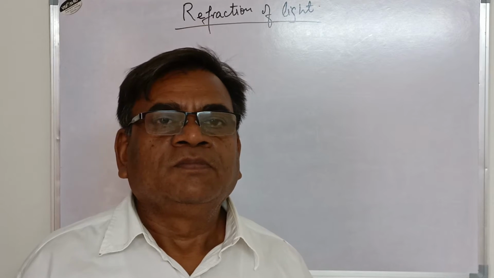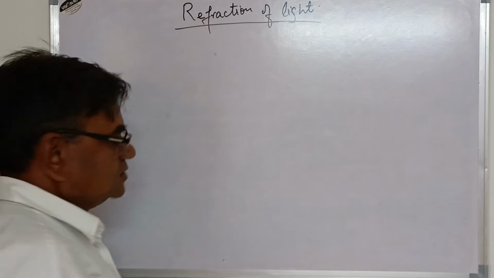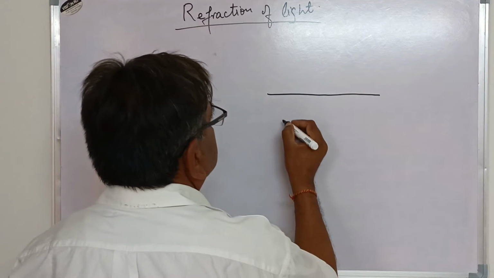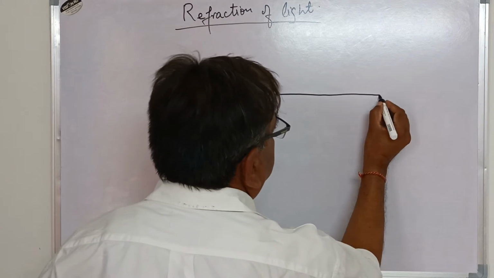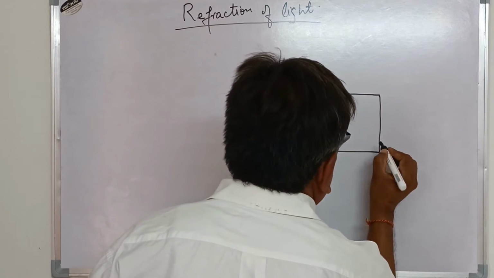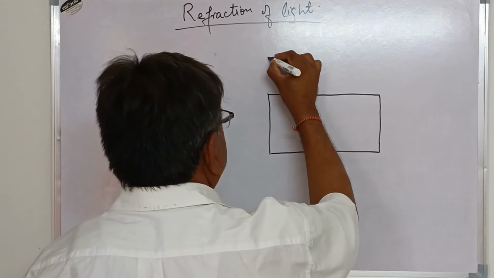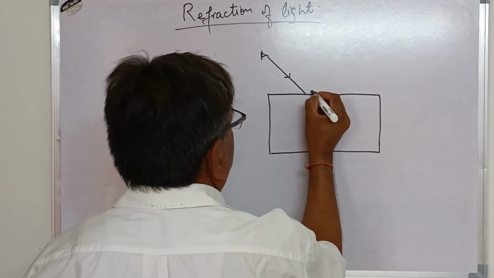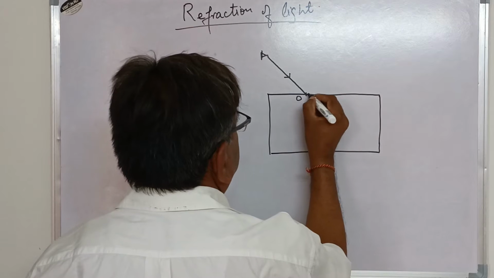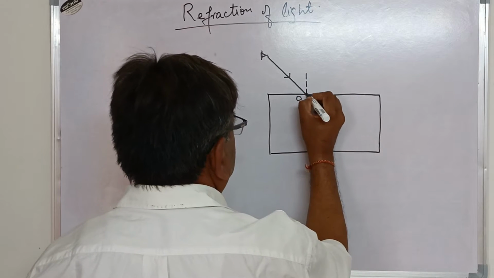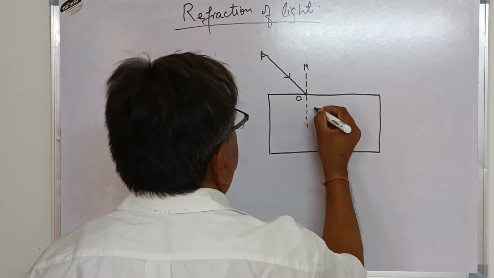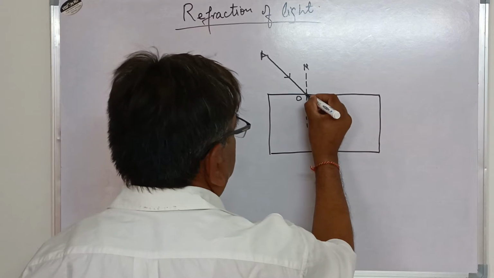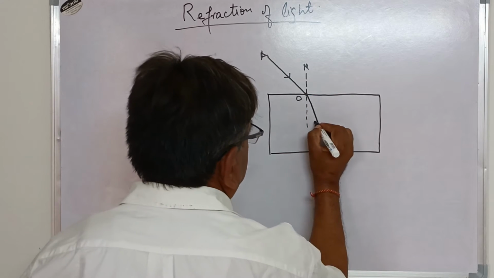So now we will discuss the laws of refraction. This is the glass slab, and this is our incident ray AO. Let this point be O, and this is the normal N. The incident ray AO bends towards the normal.